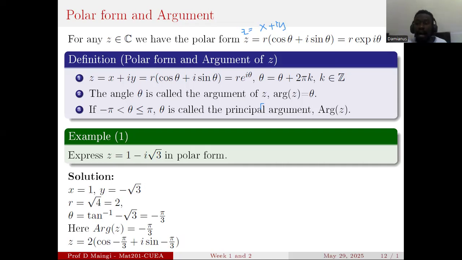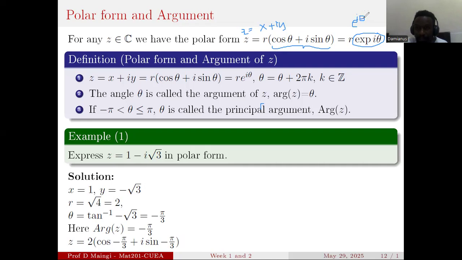Okay, so this expression here, cosine theta plus i sine theta, can be expressed as exponential i theta. This is the same thing. E, the exponent e, remember, the rational number e, which is 2.718 something, power i theta.